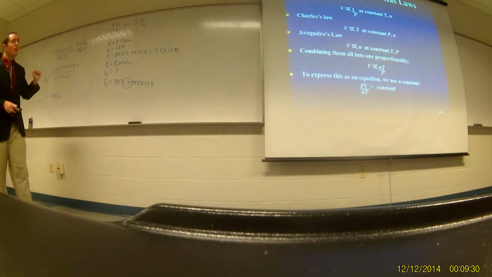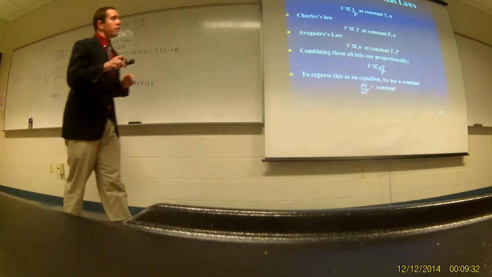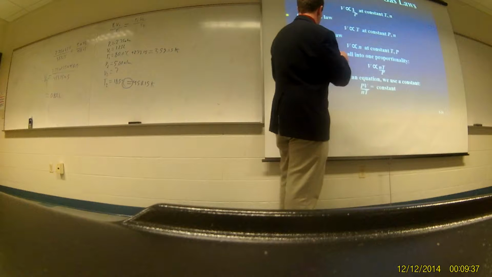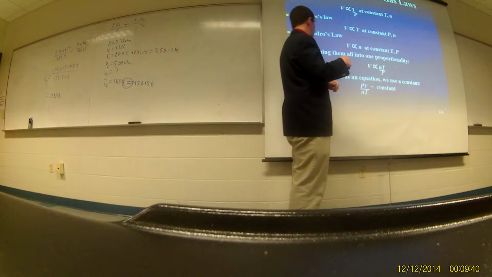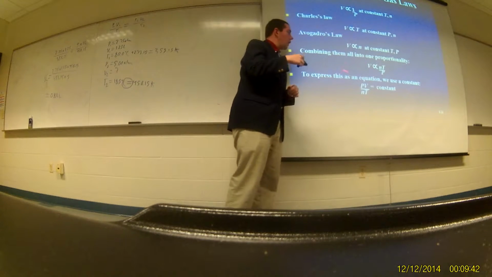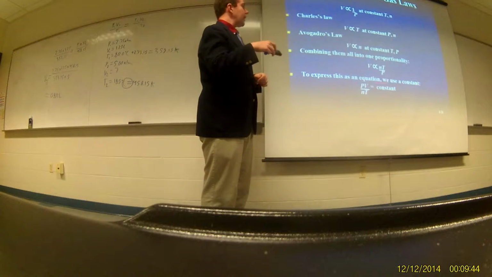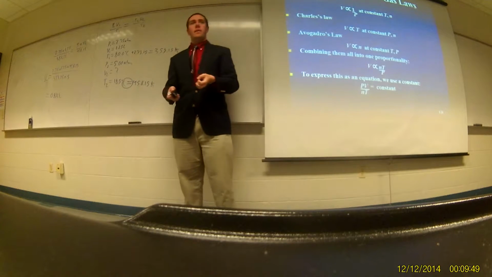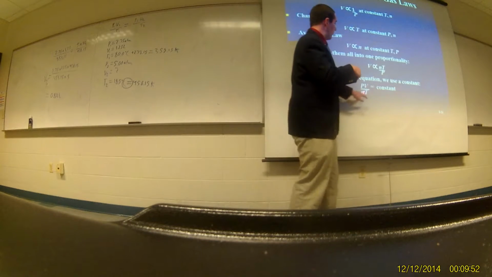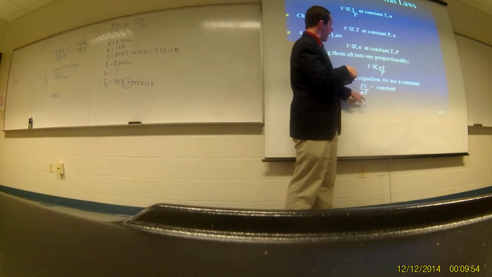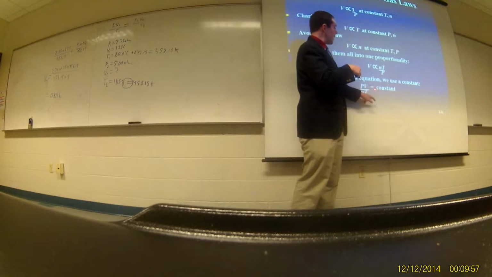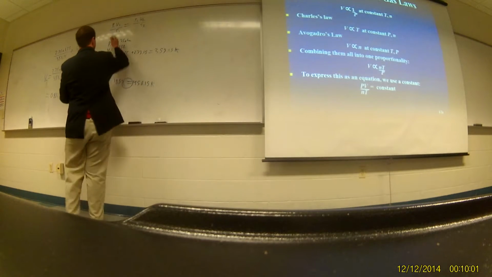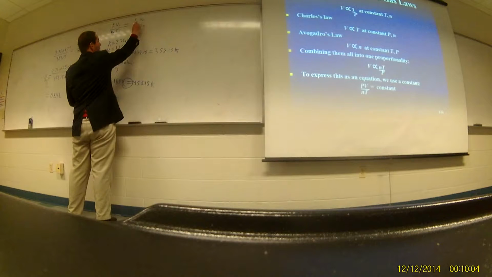Okay. So, we had Boyle's law, Charles' law, Avogadro's law. We took those 3 and turned them into our combined gas law. And if you do a little bit of math magic, you can turn this into something that looks like this: PV divided by NT is always constant. And that's why this is true.